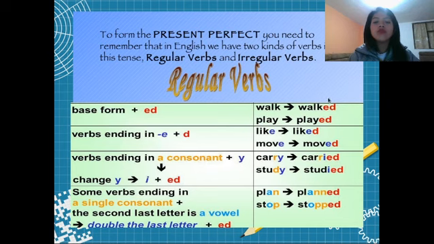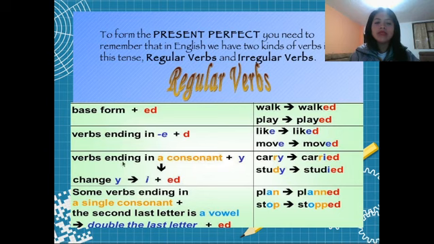We just have to add ed in order to make the past simple and the past participle form, right? And also we have some verbs whose ending is e, plus d. For example, like and move. We just have to add d, right?